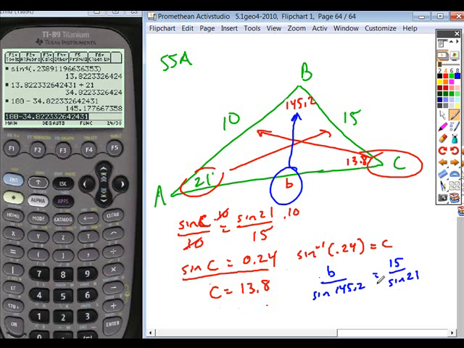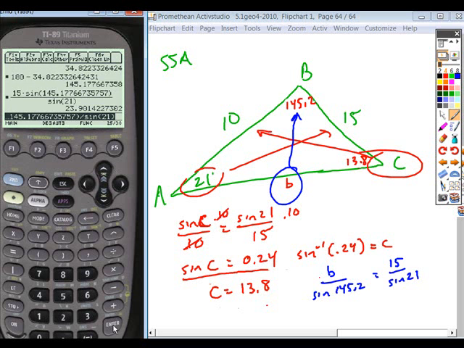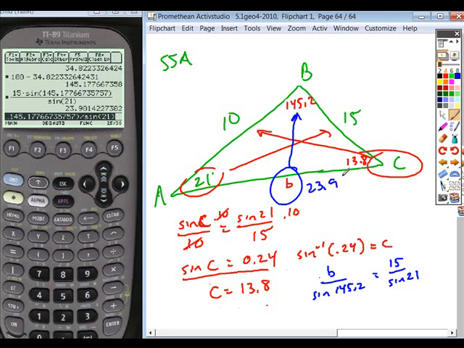I'll go 15 times the sine of 145.2. Again, I'm going to use the exact value. And then divide by the sine of 21. Hit enter. I get my side to be 23.9 approximately.